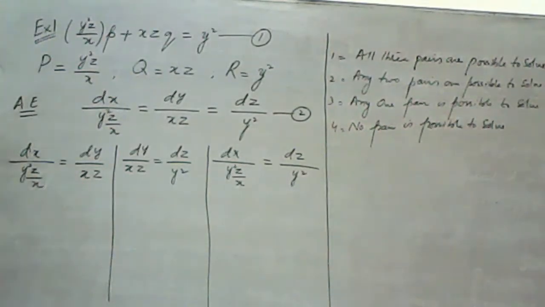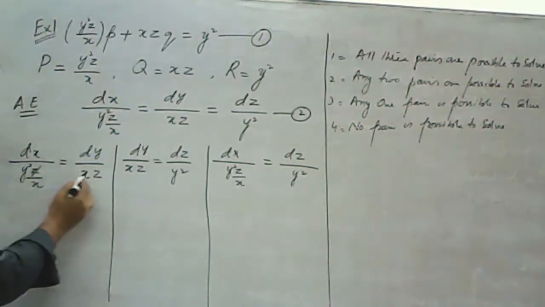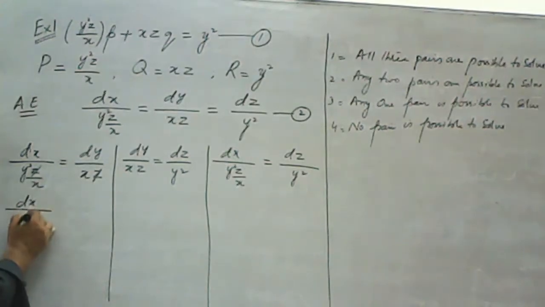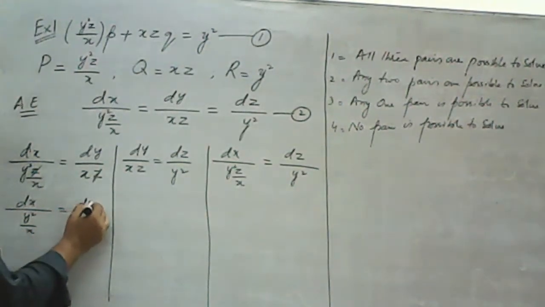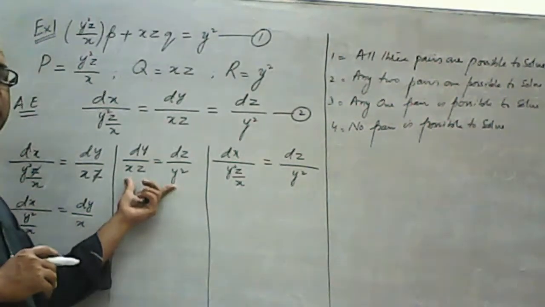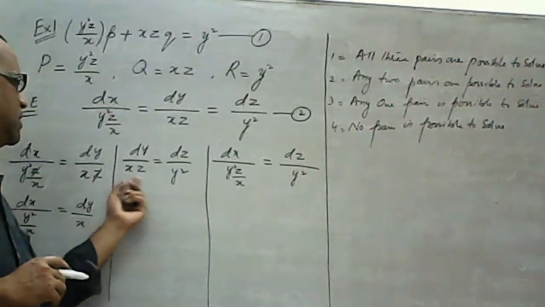Once you have this pair, if any simplification is possible, then simplify it. So here, if I cancel z by z, the remaining outcome will be y square upon x equal to dy upon x. It is possible that no simplification is possible, just like in this case.